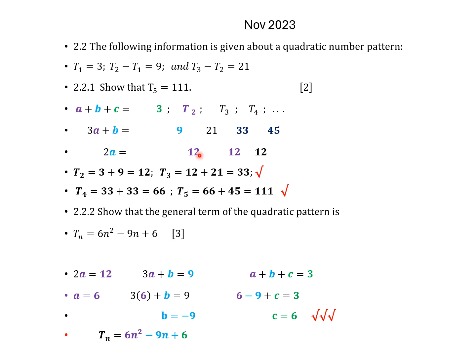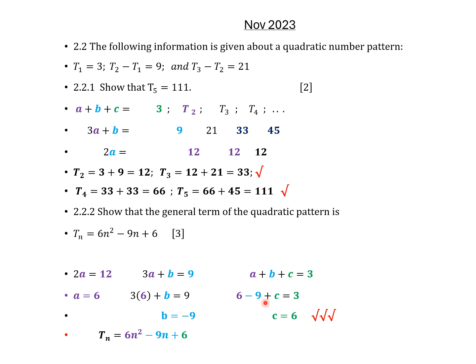So we have 2a equal 12. So 12 divided by 2, a equals 6. 3a plus b equal 9, but now we know a is 6, so 3 times 6 would give me 18. If I take that across, 9 minus 18 would then give me negative 9. Right? Then I have a plus b plus c equal 3. So a being 6, b being negative 9.